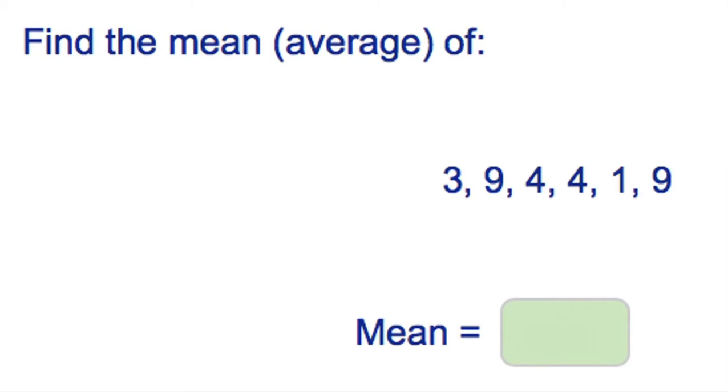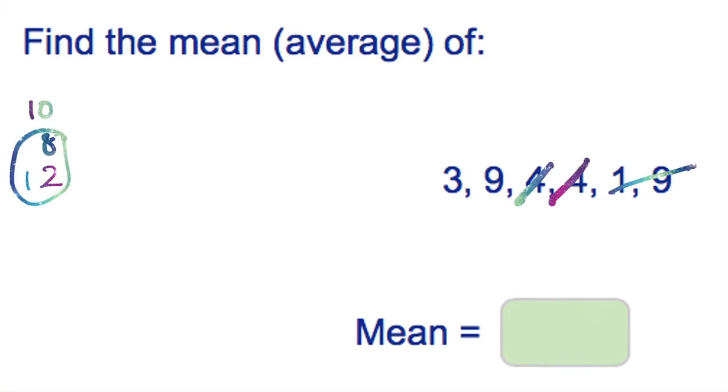Find the mean of 3, 9, 4, 4, 1, 9. Okay, so finding the total, 1 plus 9 is 10. You might want to just jot these down if you're doing it mentally. 4 plus 4 is 8. Plus 9 and 3 is 12.